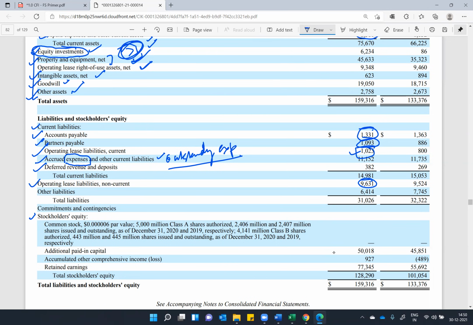Next is deferred revenue and deposit. Deferred revenue, you can also call it prepaid revenue, is when you have received some advance revenue from your customers and you are yet to service them.